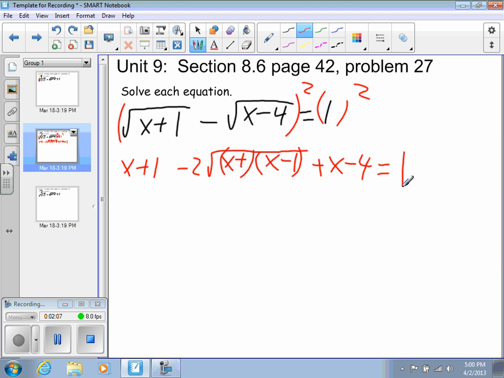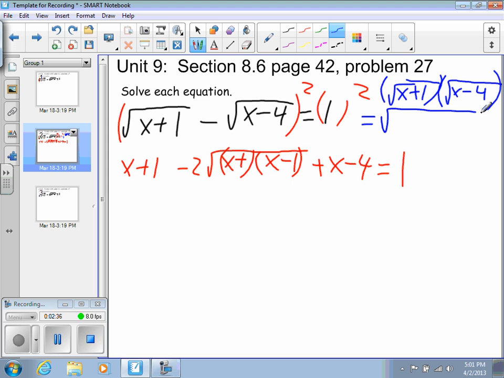Perhaps I should show here, just a reminder, when I did this middle term, when I multiply out the square root of x plus 1 times the square root of x minus 4, that's the same thing as the square root of x plus 1 times x minus 4.